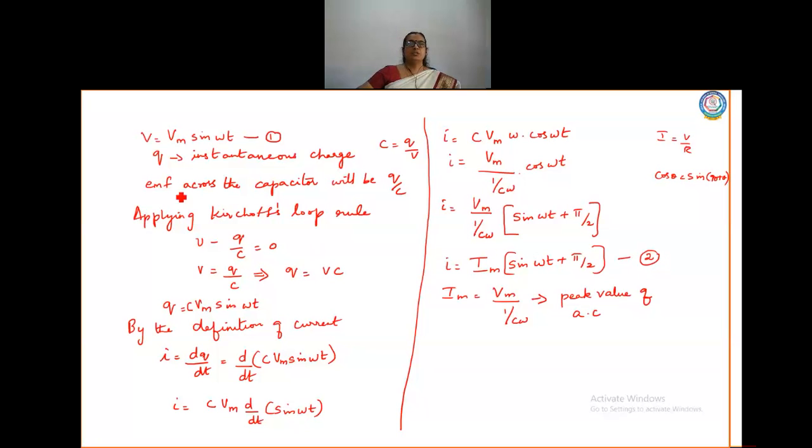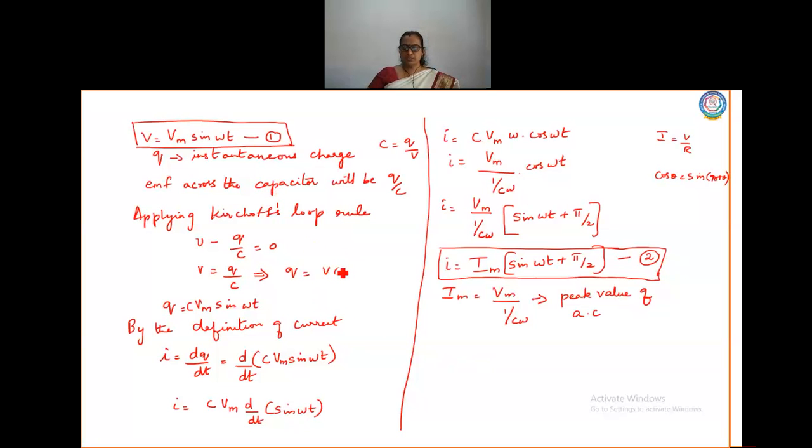So equation number 1 is the voltage equation, which is V = Vm sin ωt, and here is the current equation, which is represented as I = Im sin(ωt + π/2). Now I am going to compare these equations. From these equations we can understand that the current is leading the voltage.